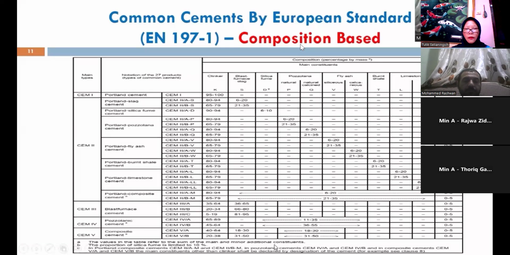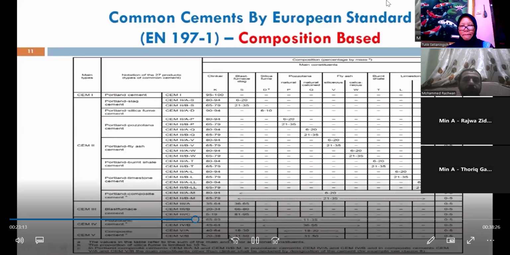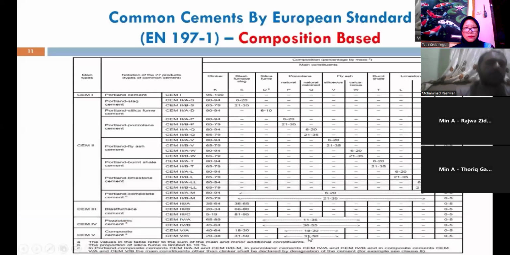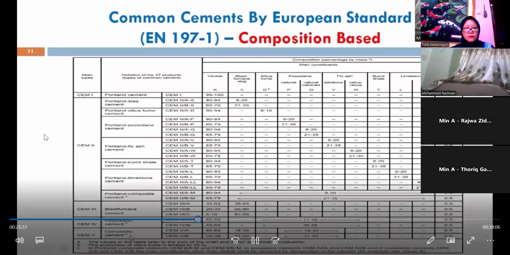For composite cement, in this type of cement, I think all or more than one type of main constituents are combined, like blast furnace slag and pozzolana, whether natural or calcined, used in this type of cement, which is composite cement.